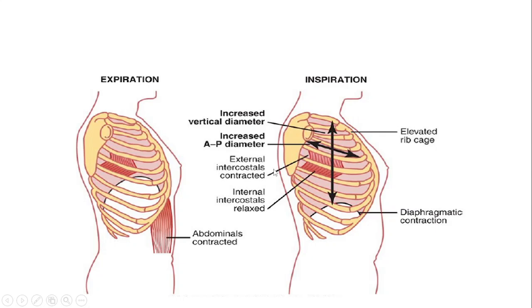And the external intercostal muscle, its direction is just the opposite of the other intercostal muscle. That means it is directed backward and upward. So when it is contracted during expiration, it will pull the chest cavity inside, so it will decrease the anterior posterior diameter of the chest.